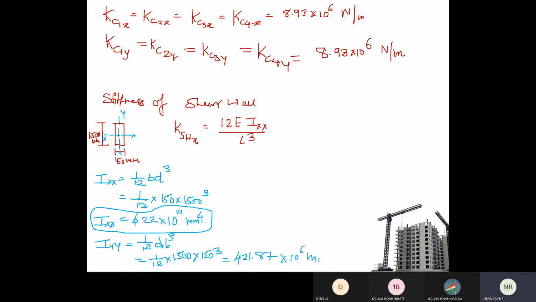Now see the difference in the moment of inertia for shear wall in x and y. I explained earlier also that a shear wall is strong in only one direction, the direction in which it is placed, and in the other direction it will be weak. So the orientation of the shear wall is made according to the direction in which you want more stiffness from the wall. Right. Now E will remain the same over here, and length.